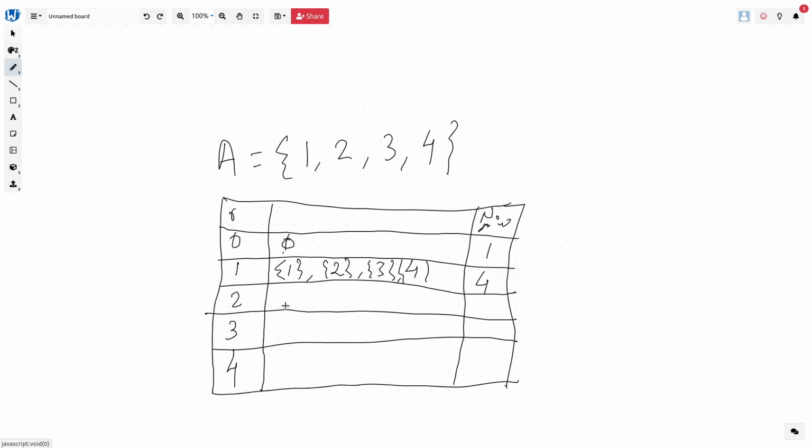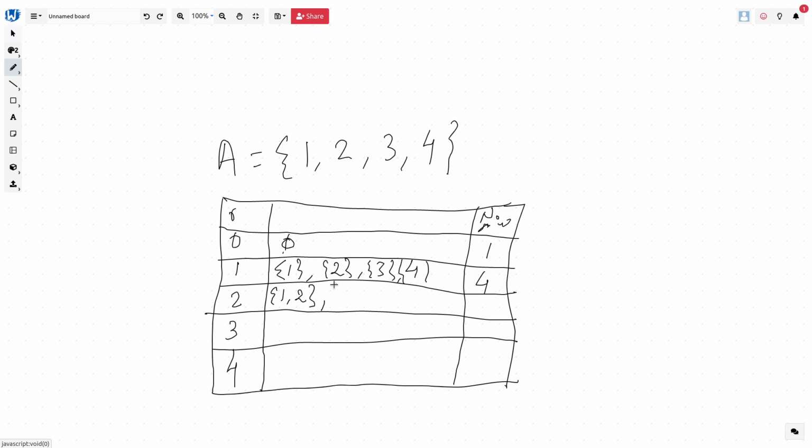Now let's try to form the 2 element subsets of 1, 2, 3, 4. So this can be done via the subset 1, 2. Please note here, since this is a subset, 1 and 2 are elements, so it doesn't matter whether we write it as 1, 2 or 2, 1.